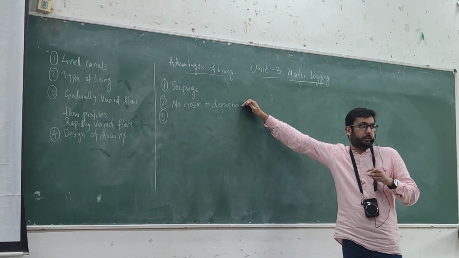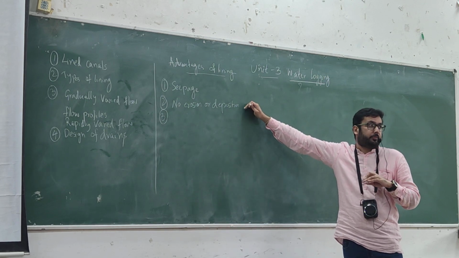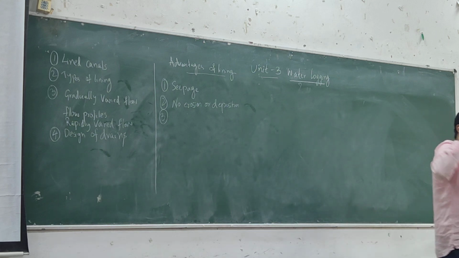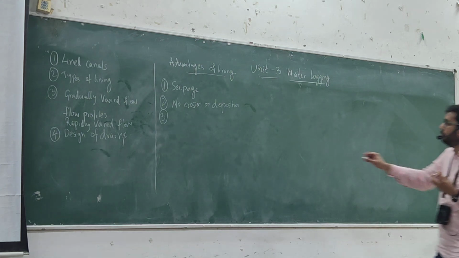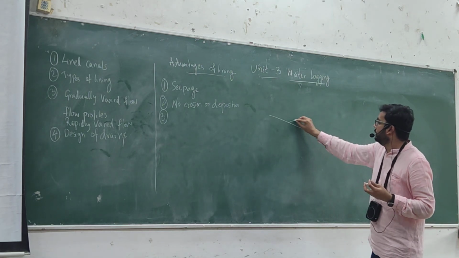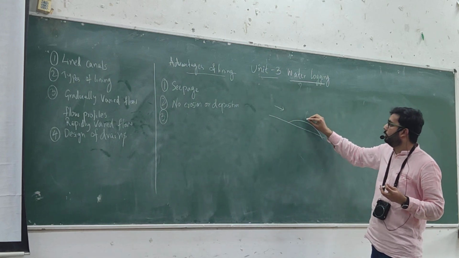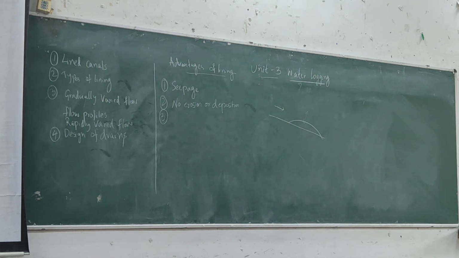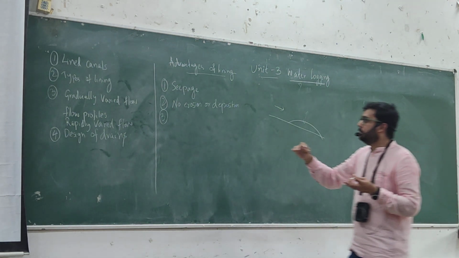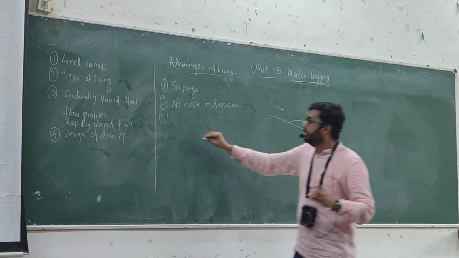If there is no erosion or deposition, what is the advantage? Think of the water levels. Let's say there is deposition, then what happens to the water level? So this is the deposition and this is the flow. Yeah, so there could be overflow. If there is deposition, then the channel bed has increased in elevation, so the flow may overflow on the sides of the canal. So we are preventing flooding.